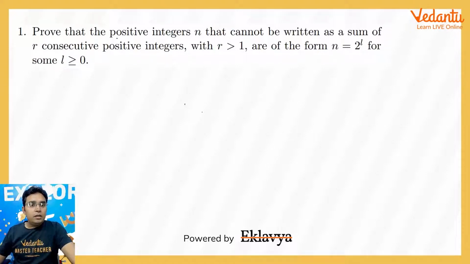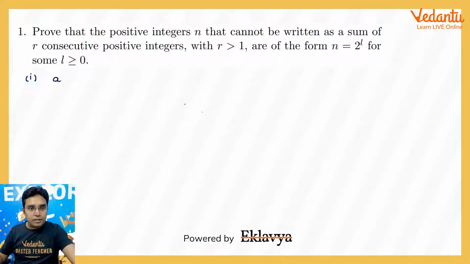Prove that the positive integers n that cannot be written as a sum of r consecutive positive integers with r greater than 1 are of the form n equals 2 power l for some l greater than or equal to 0. Now to prove that, I will be proving two things. First, suppose I have r consecutive integers.